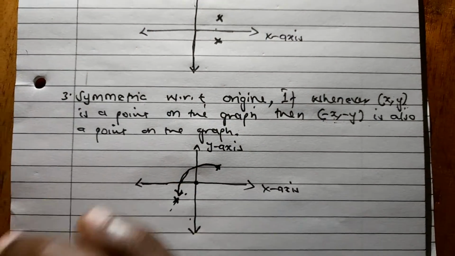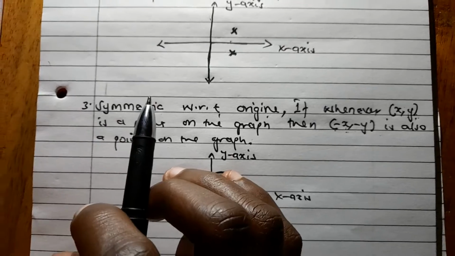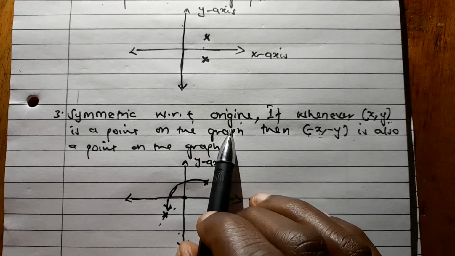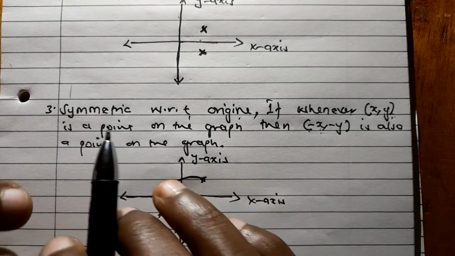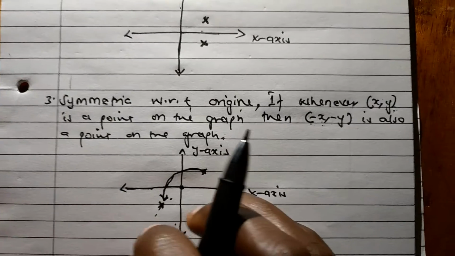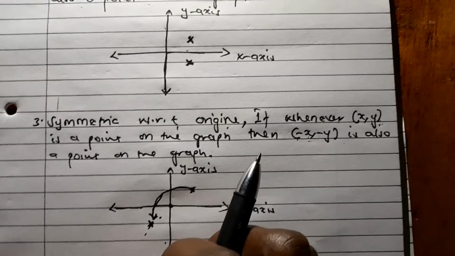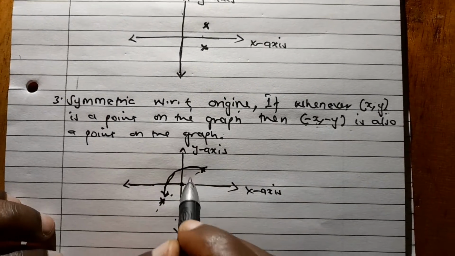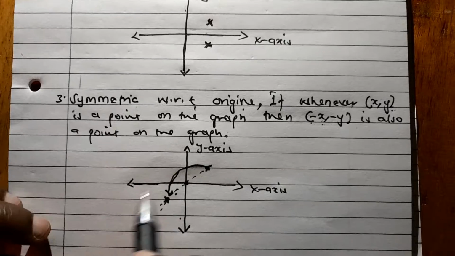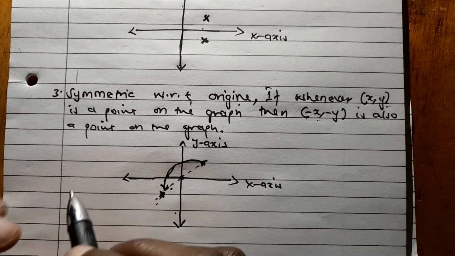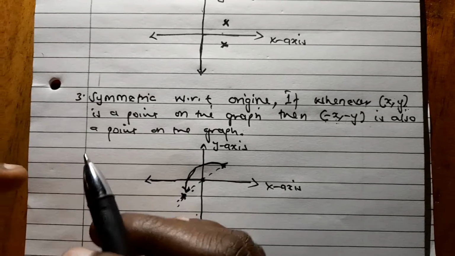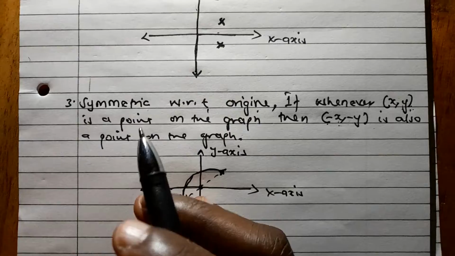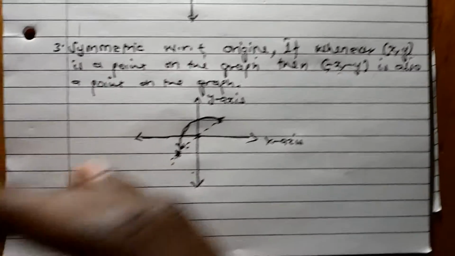That is, we only have three types of symmetry: symmetric with respect to the y-axis, symmetric with respect to the x-axis, and symmetric with respect to the origin. That is what we are going to discuss in terms of symmetry in this tutorial. Now, suppose we are given a function, and we are told to determine if that function is symmetric with respect to the x-axis, the origin, or the y-axis.